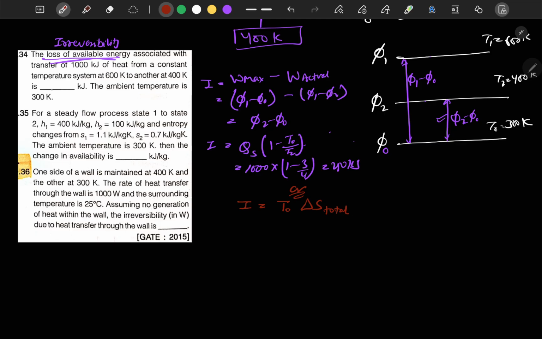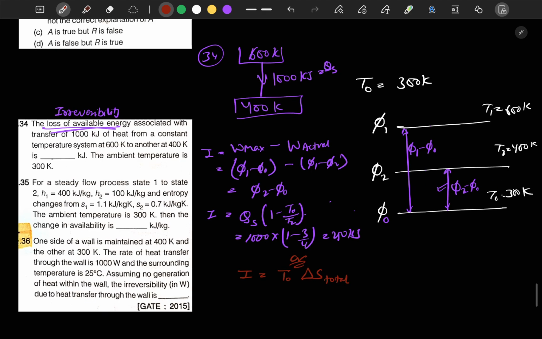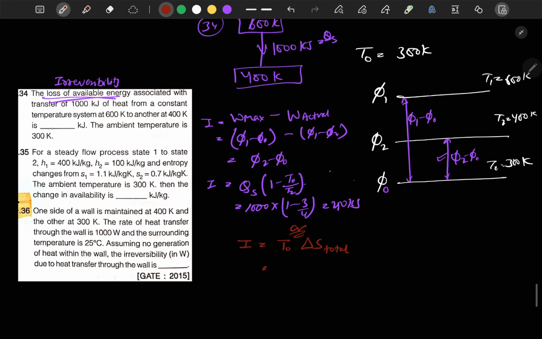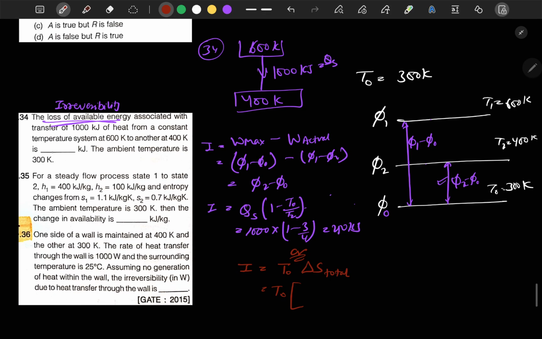If we can calculate the total change in entropy, we can calculate our irreversibility. So here we will calculate the total change in entropy, with T naught given as 300.